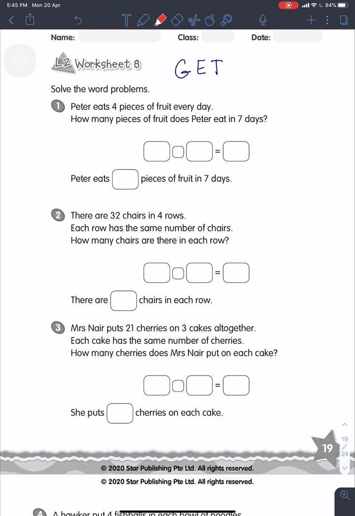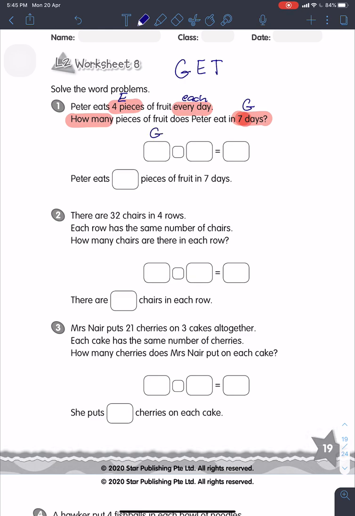In this case, Peter eats 4 pieces of fruit every day. How many pieces of fruit does Peter eat in 7 days? So 4 pieces every day means in each day, so this is the E. Now, 7 days talks about the number of groups.